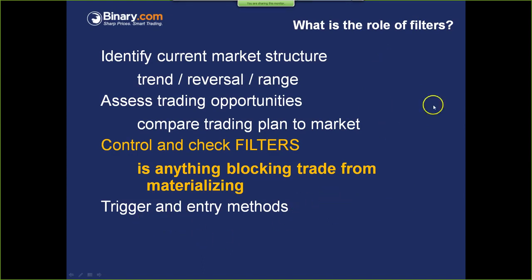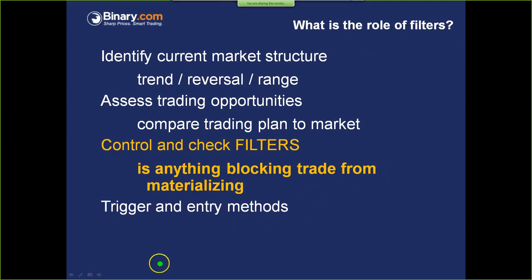Trigger basically is when we have a setup where we say, okay, when price gets to the 50% fib, I'm interested, right? That's a trigger. If you then use an engulfing price action signal, let's say a candlestick pattern at the 50 fib, then you can use the candlestick pattern as your entry method.